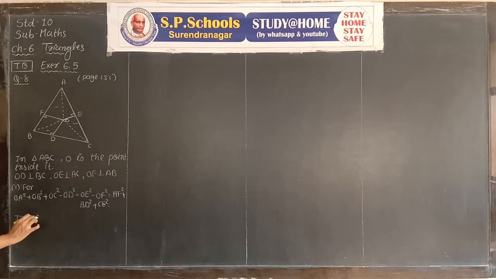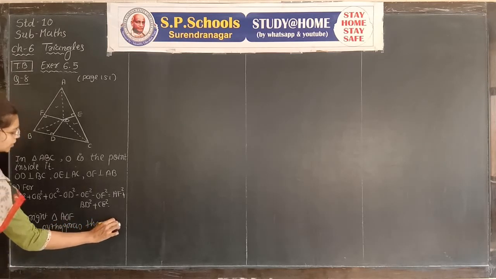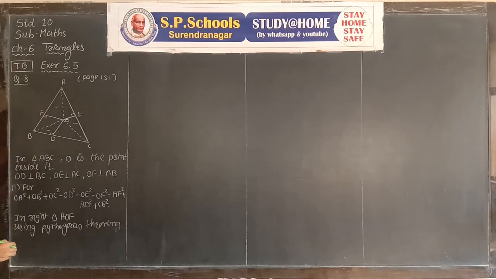In right triangle AOF, using the Pythagoras theorem, the hypotenuse is AF. Square of AF is equal to OA square plus OF square.